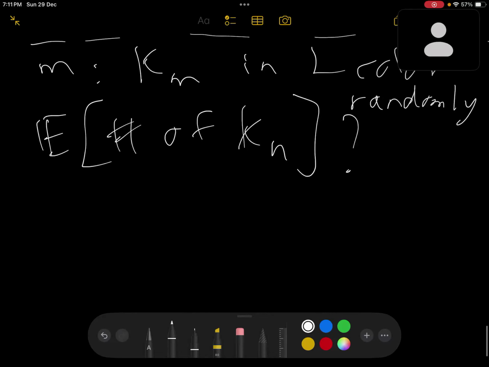And this quantity can be calculated exactly using linearity of expectation. Right. So I'll write this because the number of monochromatic kn would be, for each set, there is some probability that it is monochromatic.